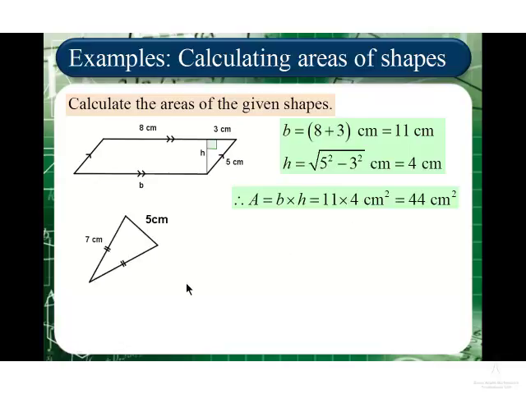Another example, let's have a look at this particular triangle where the two sides are equal as given. So in fact we have here an isosceles triangle. The side length is given as 7 centimeters, and the other side length as indicated. The base, as we will look at this particular triangle to find the area, is 5 centimeters.